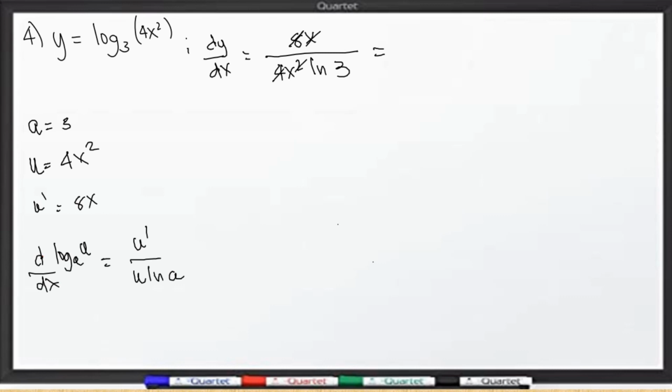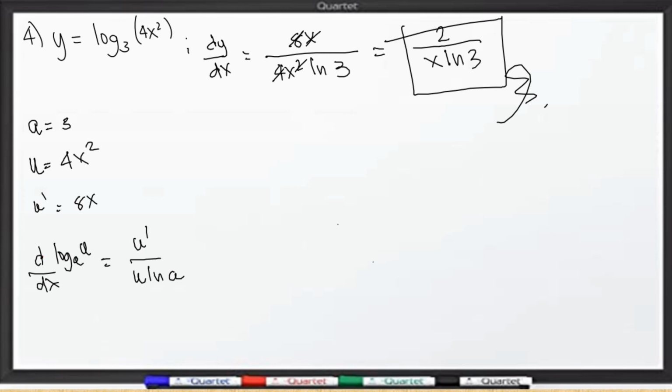So, may matitirang x sa baba, may matitirang 2 sa taas over x ln of 3. Okay, very straightforward, direct substitution. All we have to do is to identify a, identify u, and then write down the formula, plug in the formula.